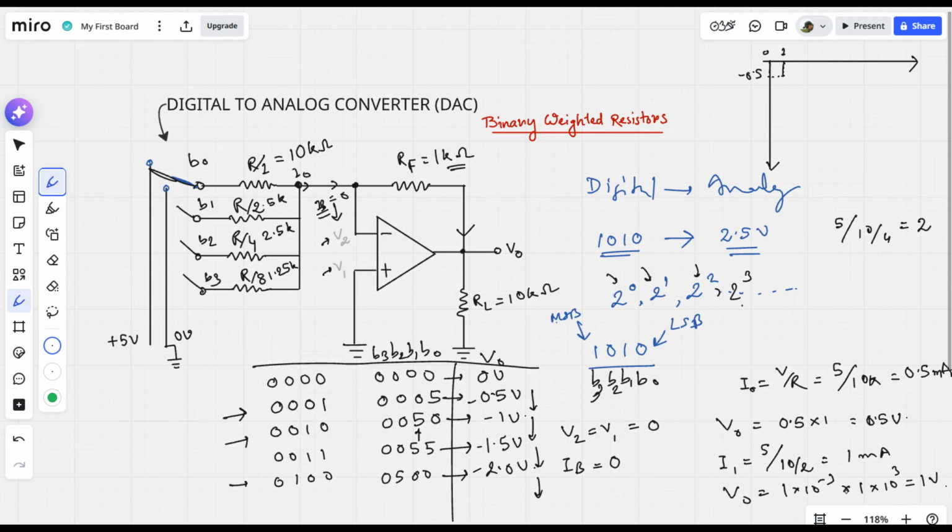For the next instant, we are getting the value as minus 1. For the third instance, we are getting minus 1.5. And for the fourth, it is minus 2.0. And it will continue like this.